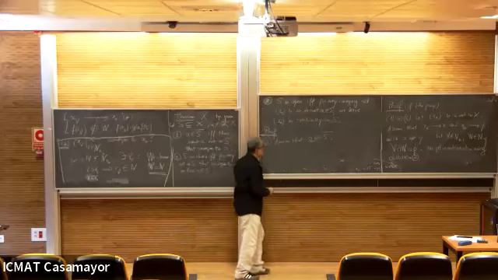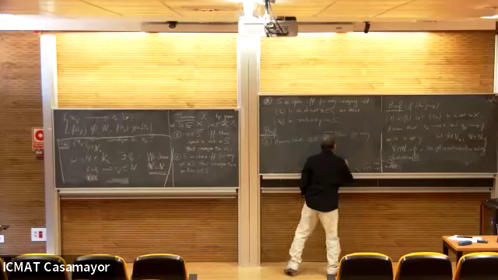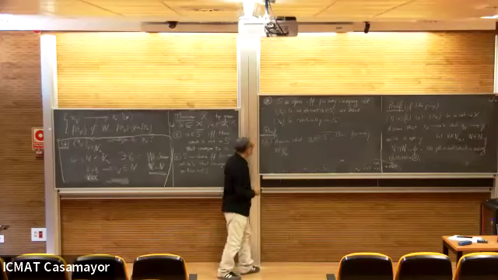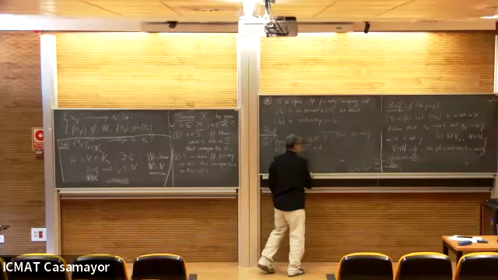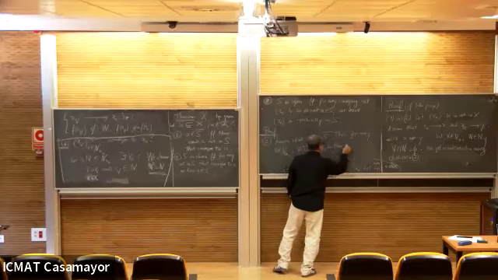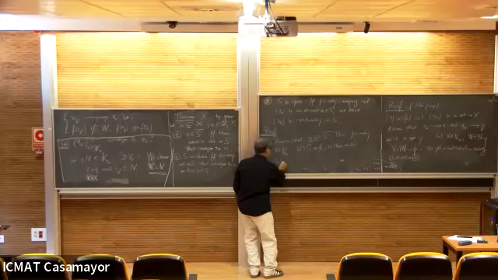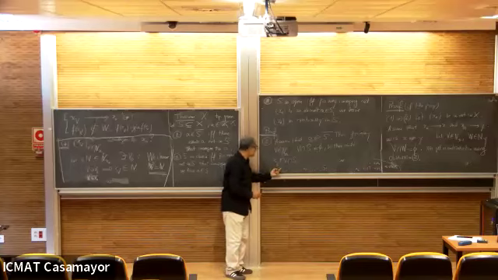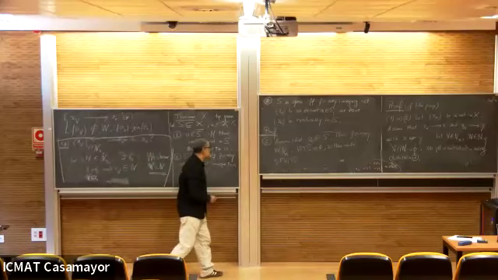Then by definition, for every V a neighborhood of A, the intersection with S is non-empty. So there exists x_V in V and in S. And you observe that the net x_V is in S. And using this fact, x_V converges to A.